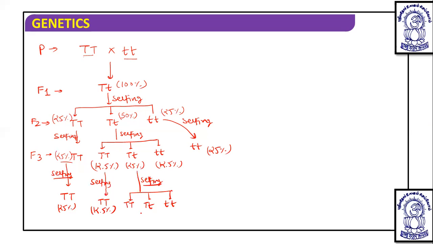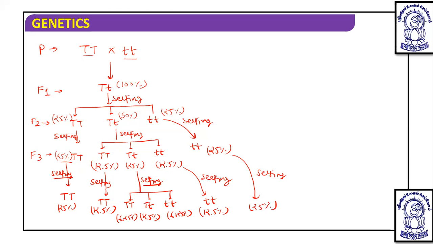This is 25%. So 12.5% is going to be this one, 6.25% is this one, 6.25% is this one. This undergoes selfing and produces small t, that is 12.5%, and this also undergoes selfing to produce 25%. In such a way, these F4 progenies are obtained.